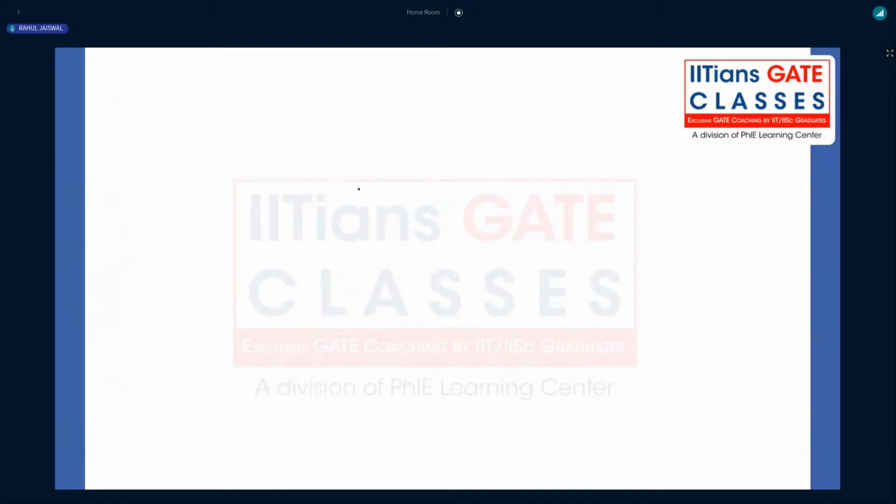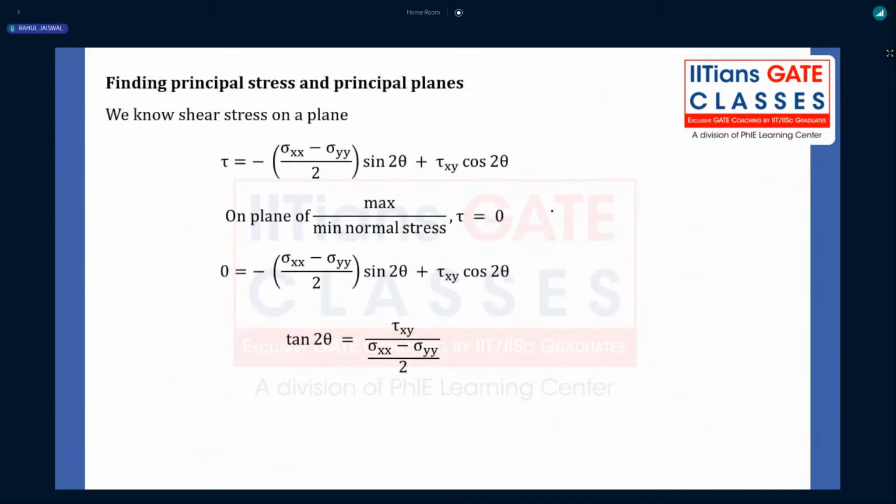Now, if you move on to the next topic, make a note of it. How to find the principal planes? I told you, right? Whatever the tau s theta value will be, we have to equate to 0. If we equate to 0, we'll be getting the values.